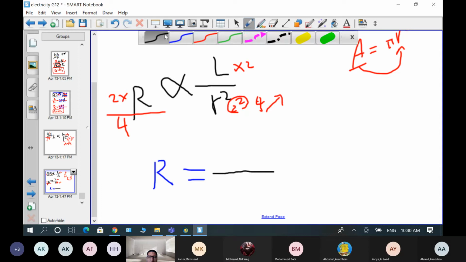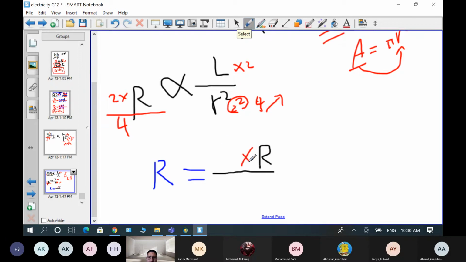So this resistance, the original one in the black, will be doubled and decreased 4 times at the same time. And here 4, so we can cancel out 2, and here half.